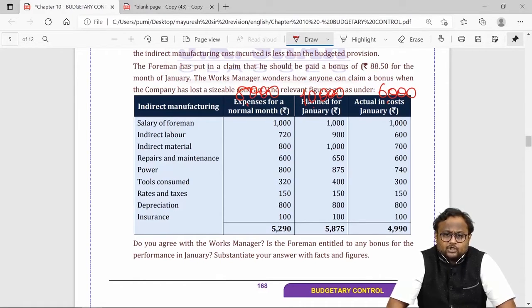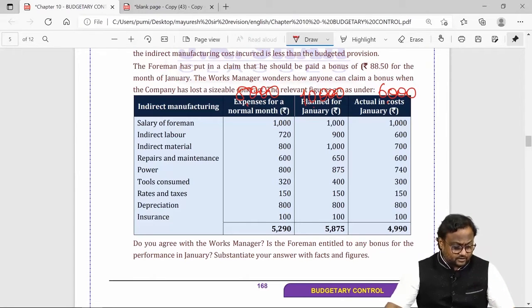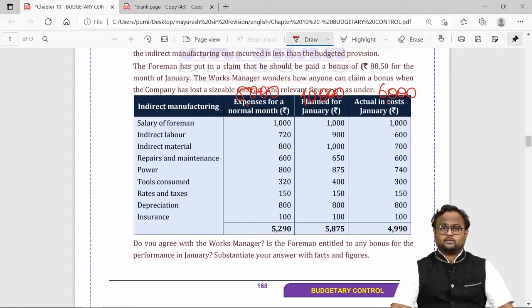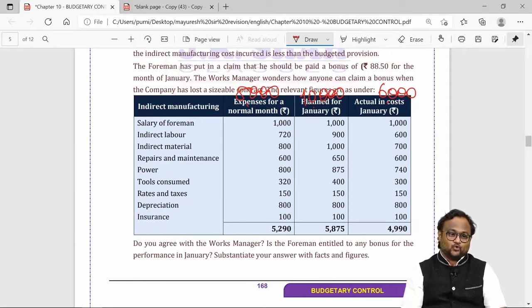I want to know how much I was planning to do at 6,000, and how much I have done at the 6,000 level. I'll find out the difference, and this is what you're going to get in case of variances. Comparison between actual and budget is a variance. So the variance calculation has to be done at par.